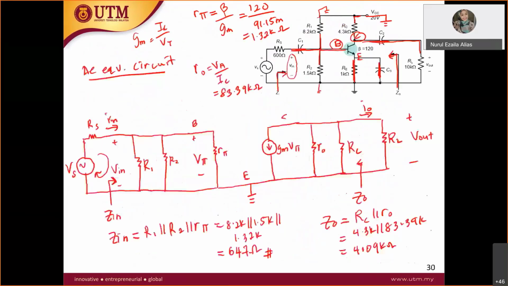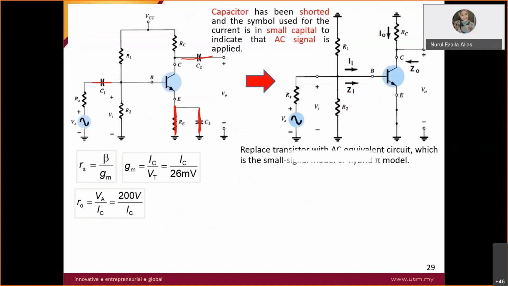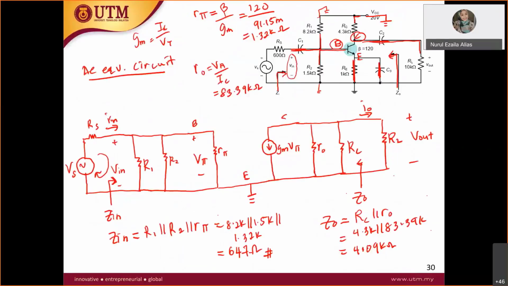It is quite a lot of derivation, students. Basically you can memorize, but do you think you can memorize all? Definitely cannot. That's why I am trying to make you understand by deriving from the circuit to the formula one by one. You might be lost now, but you will thank me later, because this concept will be used in the common collector and also common base.